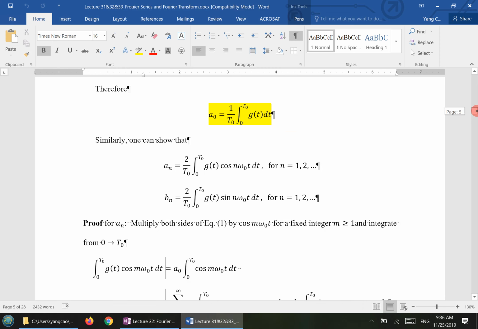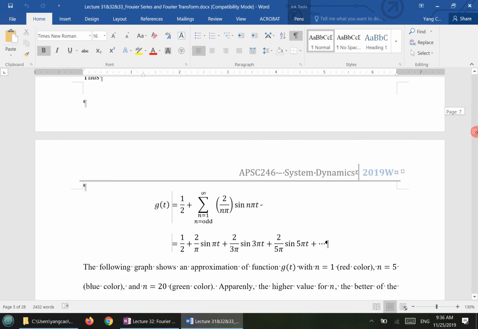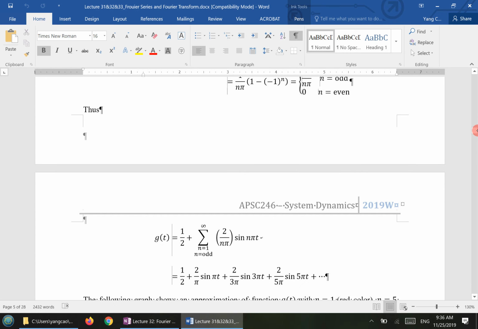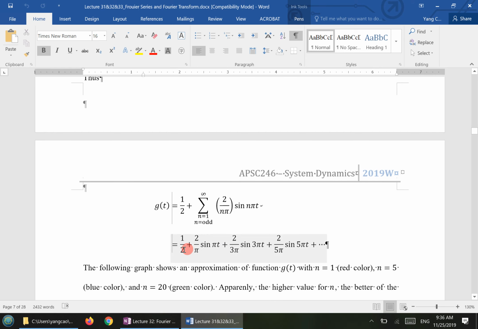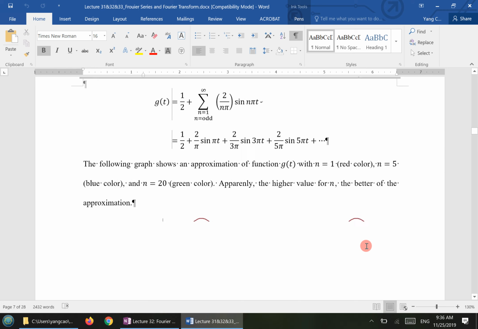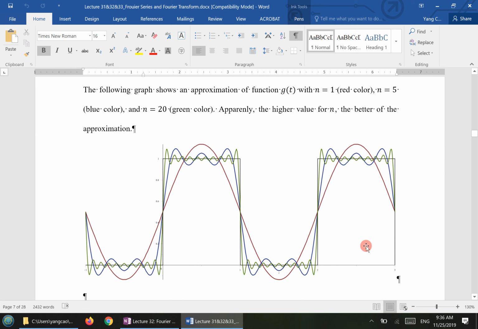I also showed you that if you write down g of t and expand it out, you get a whole bunch of sinusoidal curves, and you can plot these. If you plot using a number of terms, you can try 1 term, 5 terms, or 20 terms.